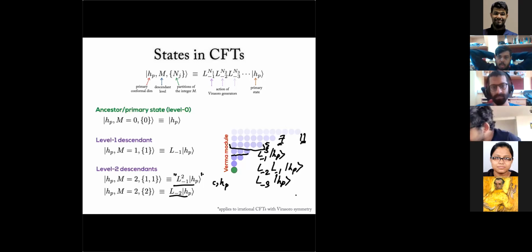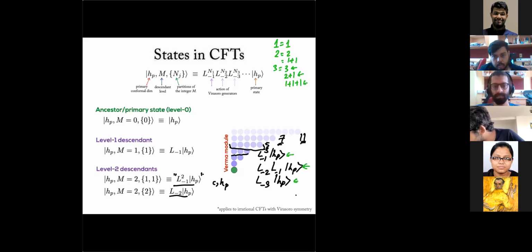Let's look at integers. For 1, you can always write it as 1, so there is only one integer partition. For 2, you can write it as 2, or as 1 plus 1, so there are 2 possible ways. For 3, you can write it as 3, 2 plus 1, and 1 plus 1 plus 1. Notice that these 3 correspond to these 3 descendants over here.